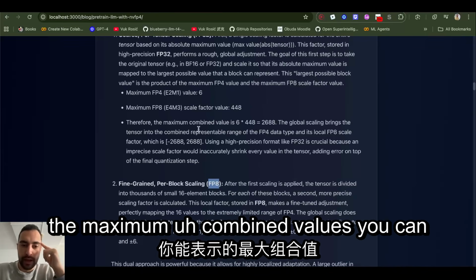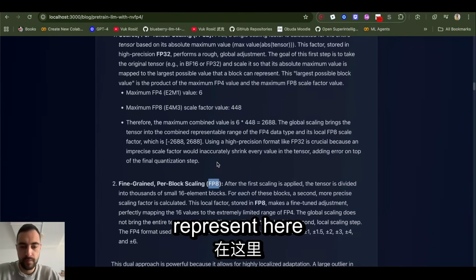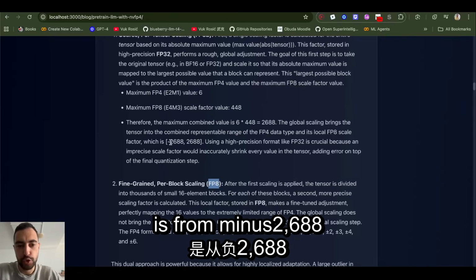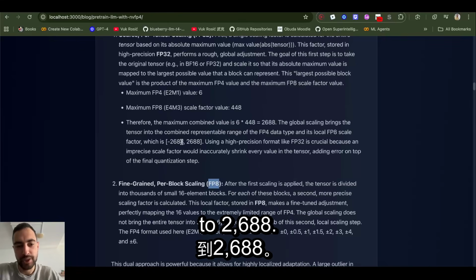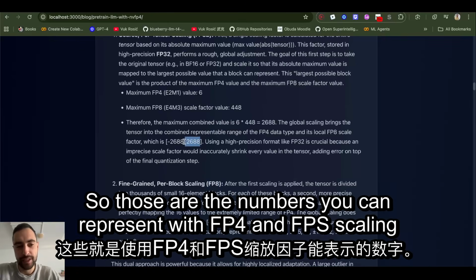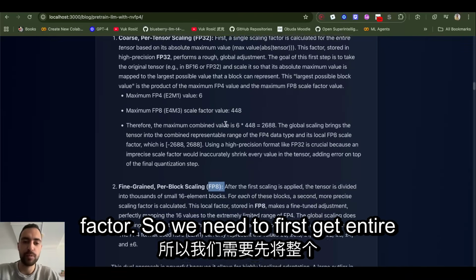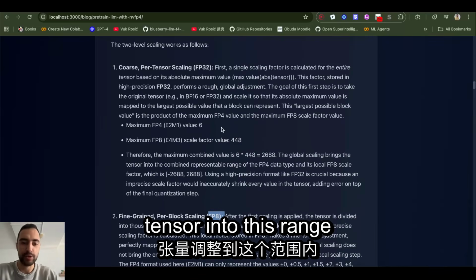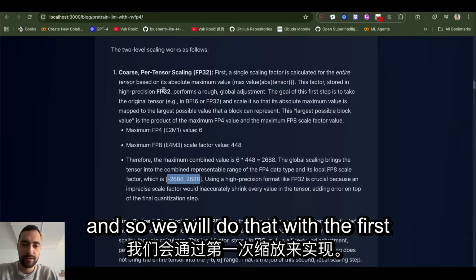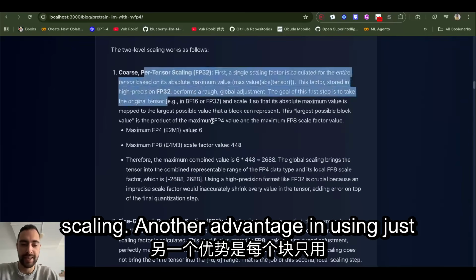So the maximum combined values you can represent here is from minus 2688 to 2688. Those are the numbers you can represent with FP4 and FP8 scaling factors. So we need to first get the entire tensor into this range, and we will do that with the first scaling.